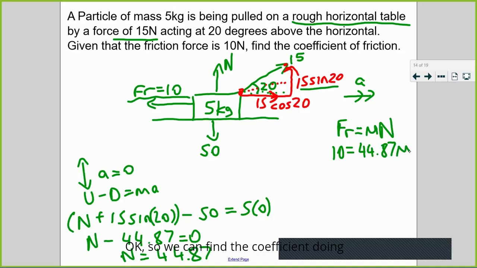So we can find the coefficient by doing 10 divided by 44.87. That should give you 0.223.